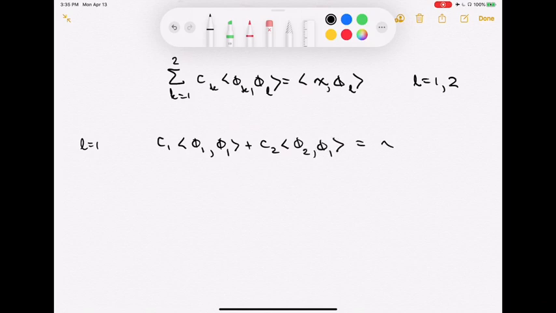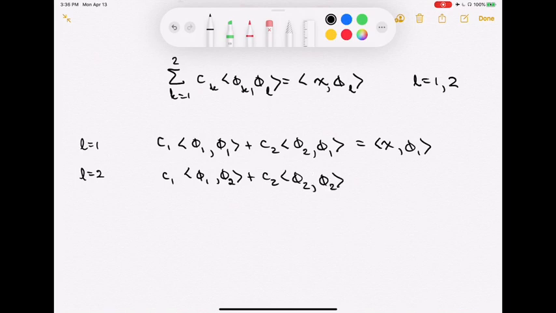That has to equal the inner product of x with phi sub 1. That is one equation. The l equaling 2 equation looks like this: C1 times the inner product of phi1 with phi2, plus C2 times the inner product of phi2 with phi2, equals the inner product of x with phi2.